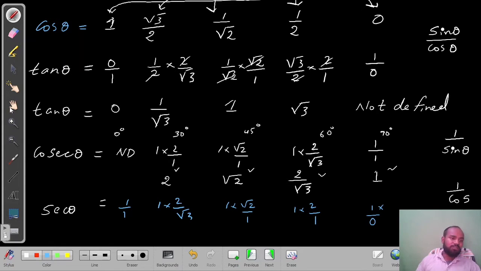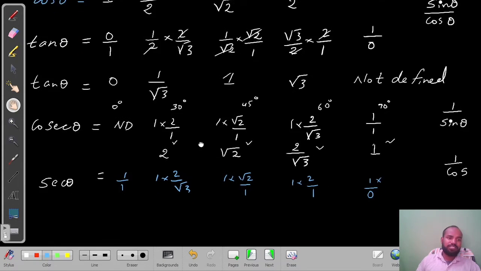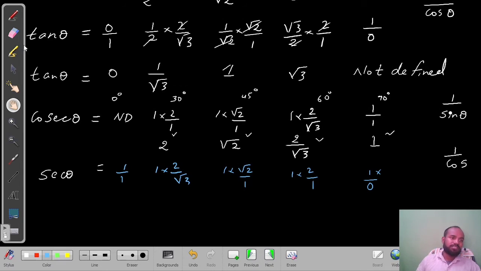So what are the values we got here? Just check it, and we will check in the textbook too. So sec 0 is 1 by 1, 1. Next, sec 30 is 2 by root 3. Sec 45 is root 2.